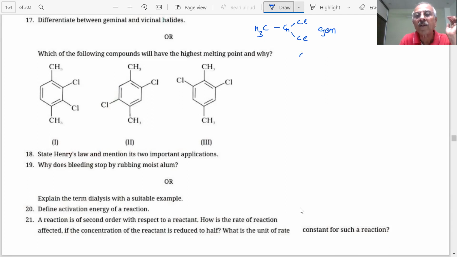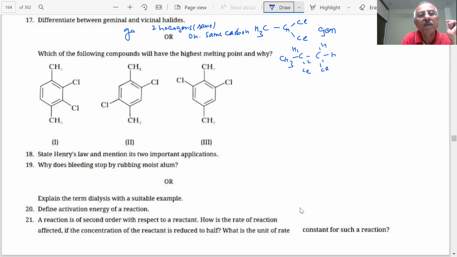Gem. And when they are on adjacent carbons, supposing I have this, what is happening here? They are adjacent carbons. The two halogens are on the adjacent carbon bond. So when the same halogens are on one same carbon, that is my gem.